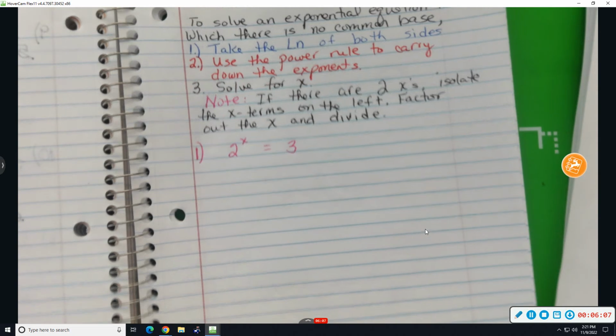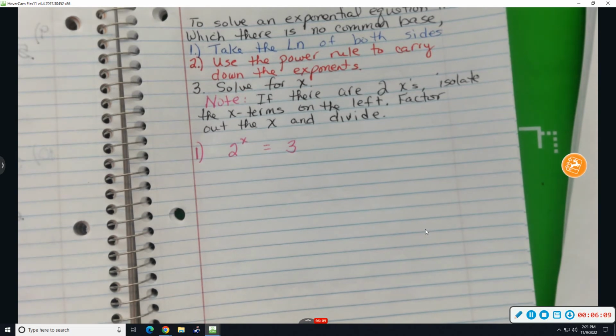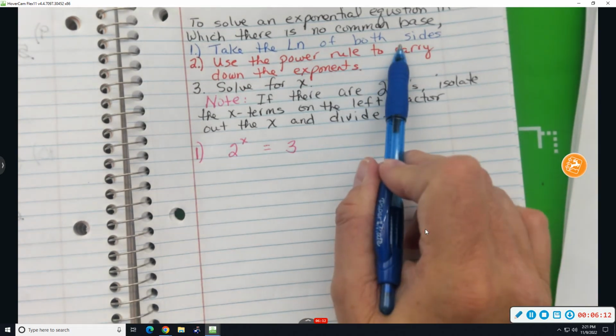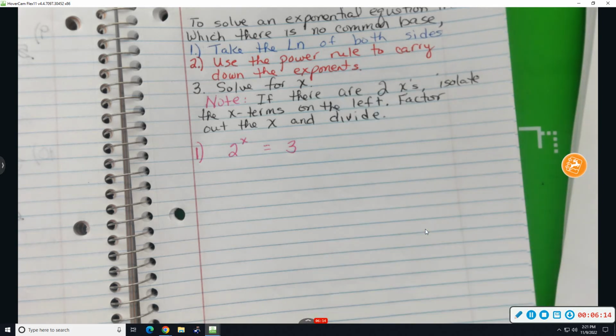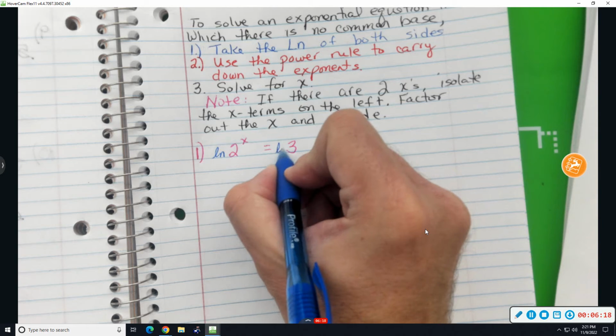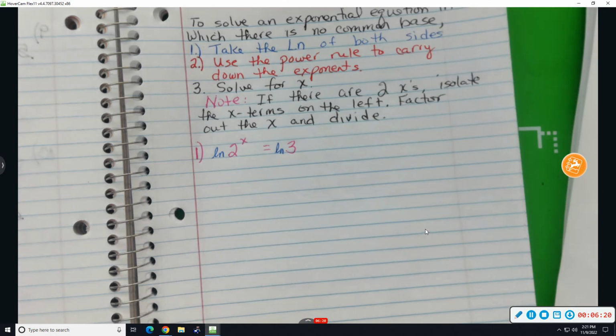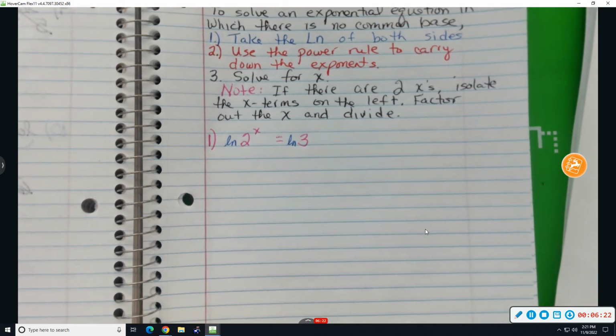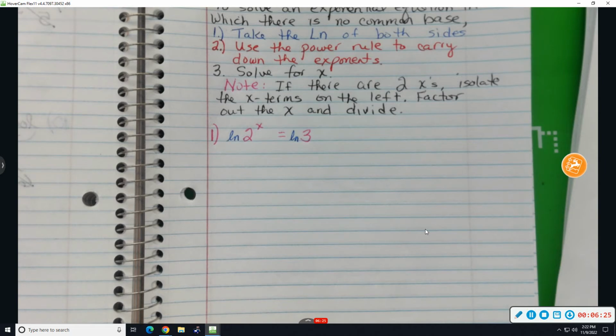Well, step 1 is to take the natural logarithm of both sides. By that I just mean stick ln in front of each side. So I'll put a blue ln in front of the 2 to the x and in front of the 3.